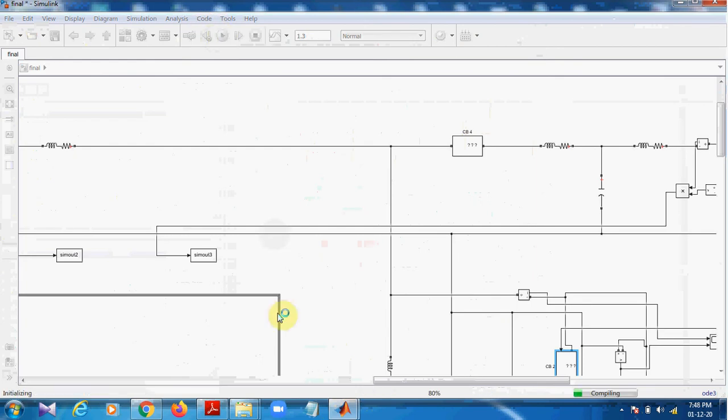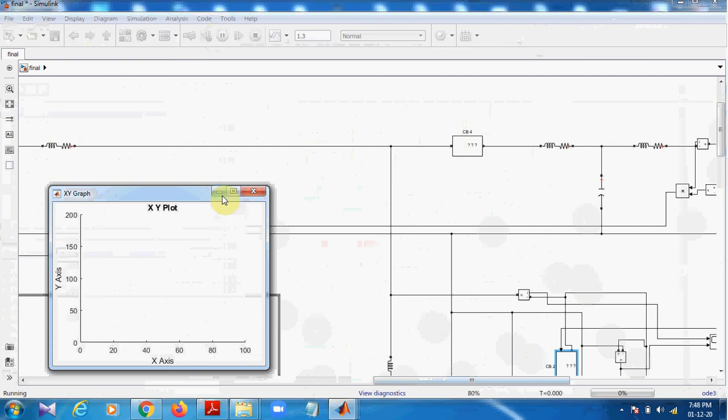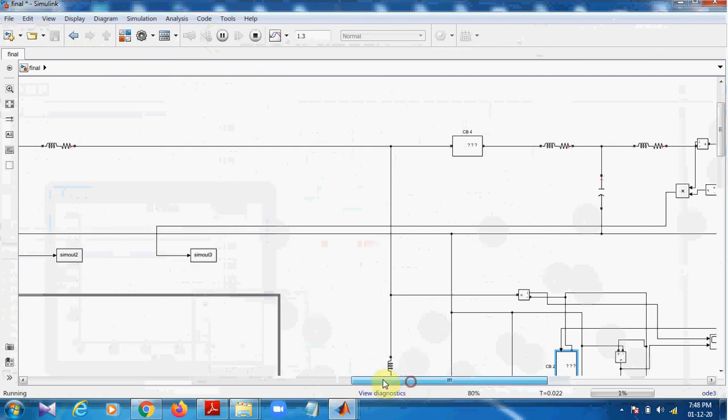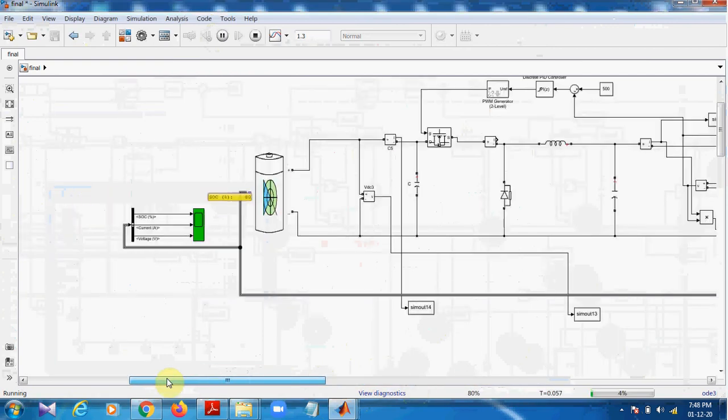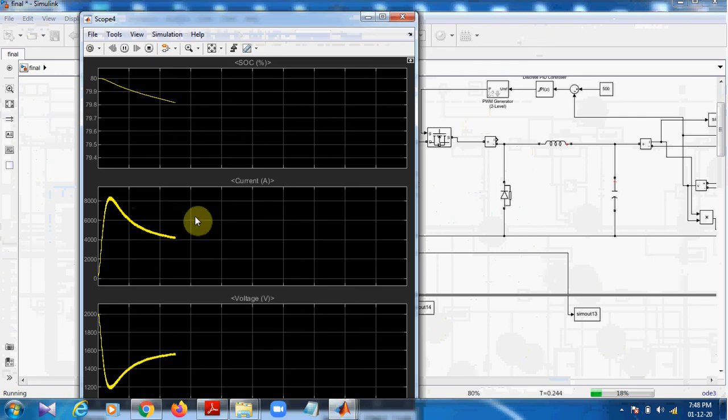Once we run the simulation, it will first compile the outcome. We'll see how it is working. After compilation, it will start executing. It will give some plots for different sections. See, the simulation has started. It is showing some SOC. There are various values, SOC, current, voltage, which we can see here.